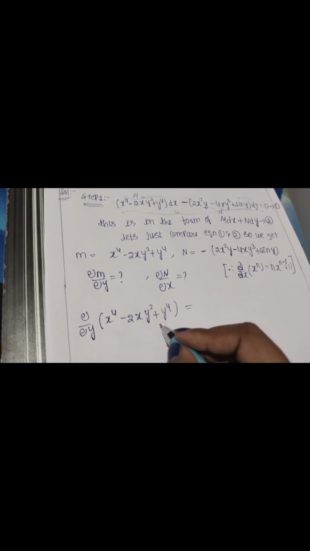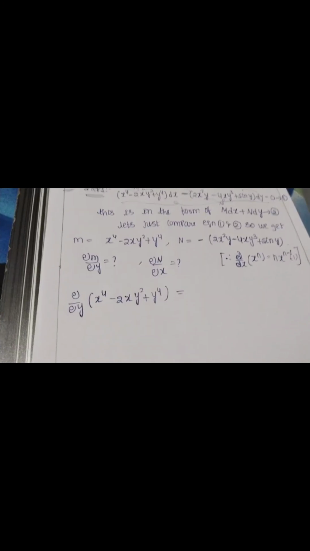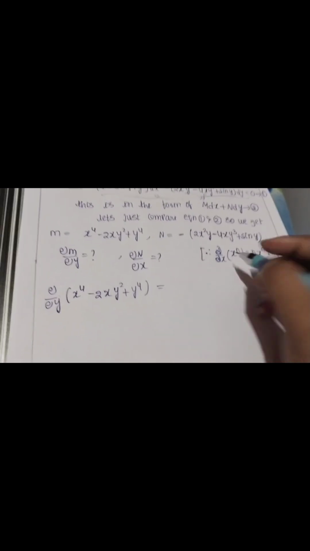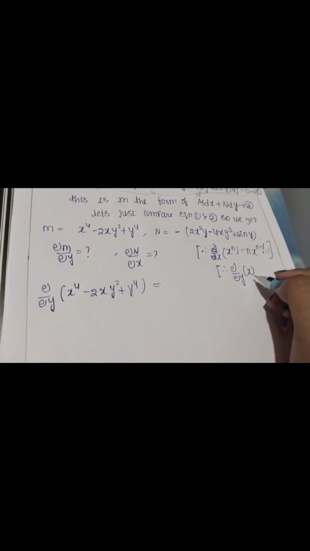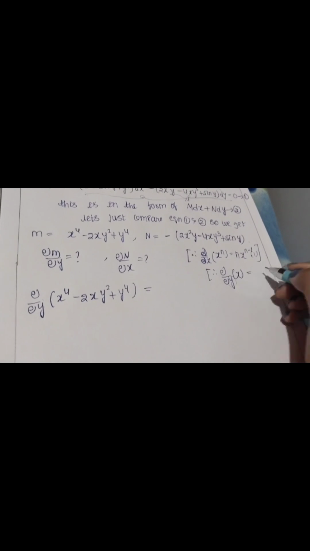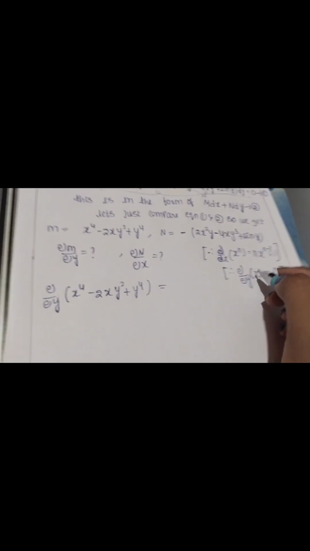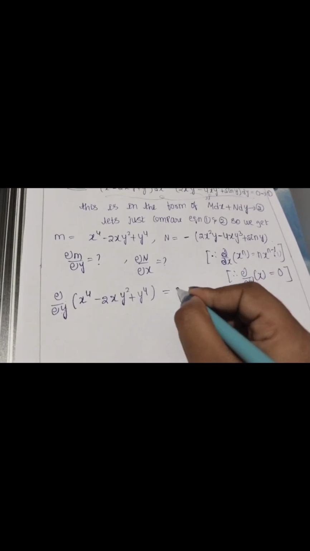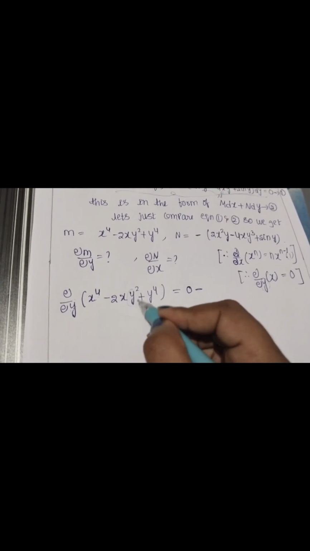So now we are differentiating with respect to y. The main thing to remember is that dou by dou y of x, where the variables do not match, leads to 0. As these are not equal, we put 0. So I am mentioning here 0 minus, and here we do have a y term.